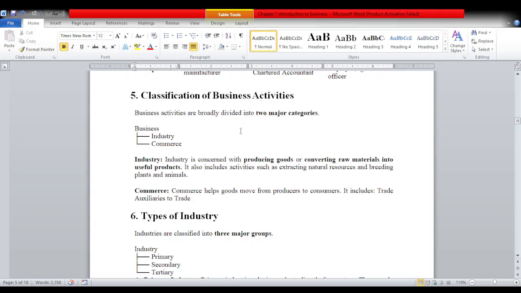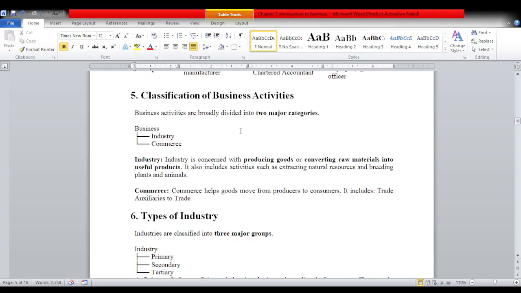It also includes activities such as extracting natural resources and breeding plants or animals. So this is how industries convert particular raw material into finished goods, into a useful form of product and services that might be used by society in a systematic manner.